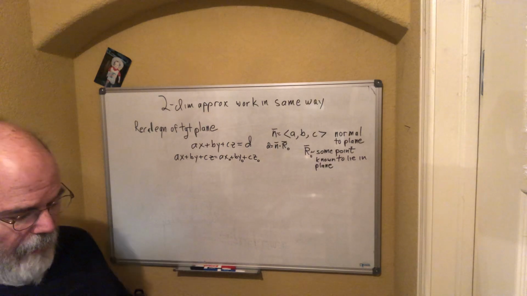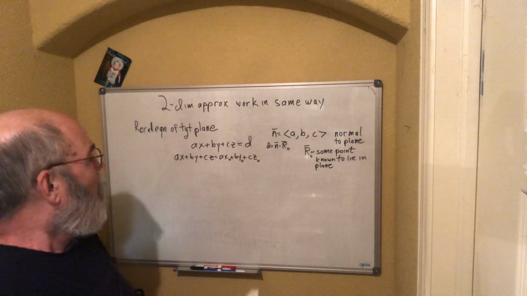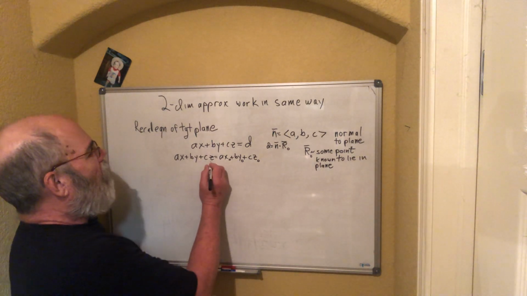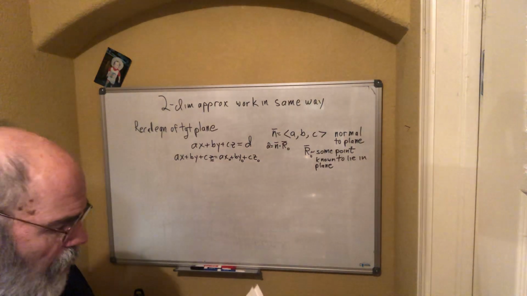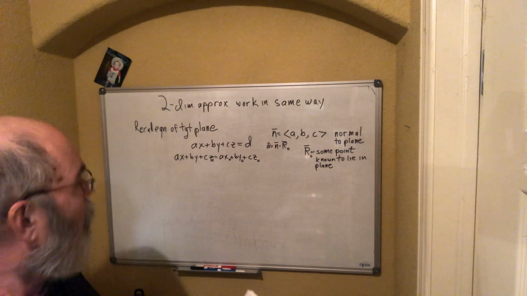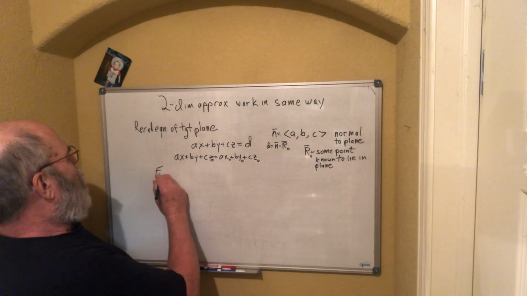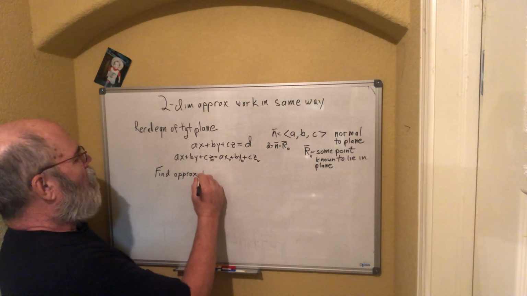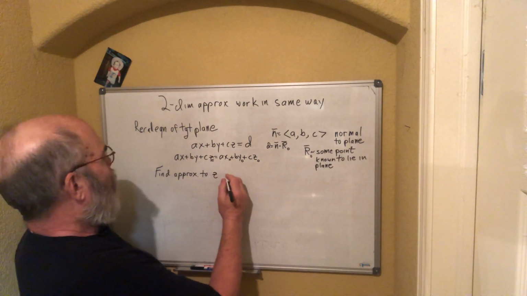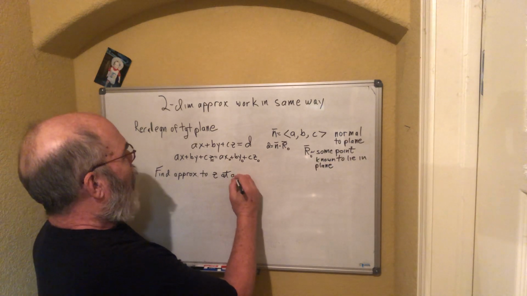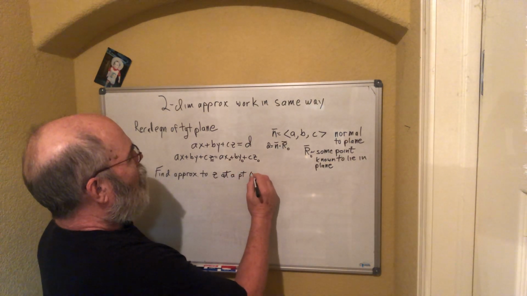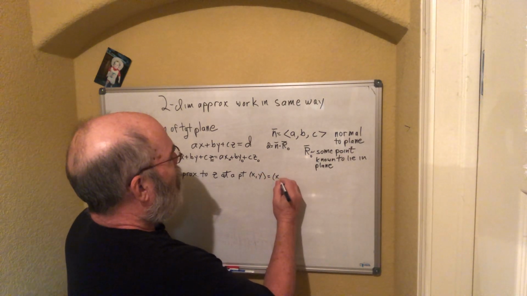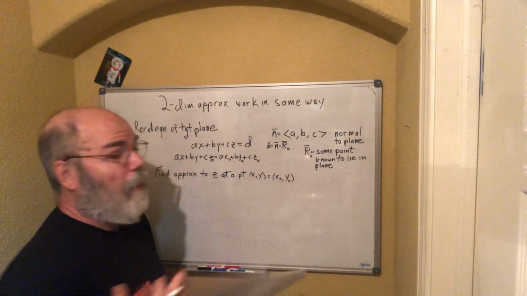So this is how we specify these things. Anyway, just like we did before, if I want to find an approximation to Z, what we want to do here is find an approximation to Z at a point whose horizontal components, x, y, are some known points that we're after.